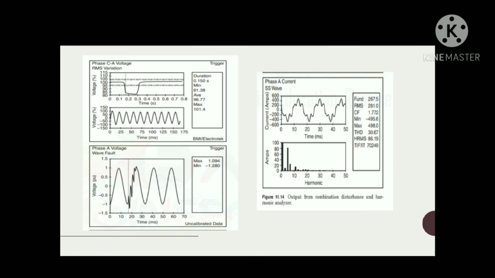The middle chart shows a typical waveform capture from a capacitor switching operation. The bottom chart, on the right side, demonstrates the capability to report the harmonics of a distorted waveform. You can see the distorted waveform and its corresponding total harmonic distortion.